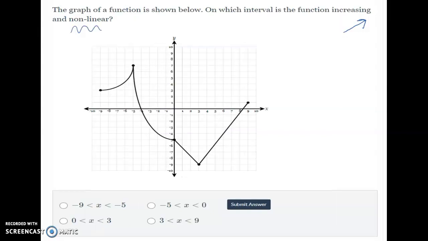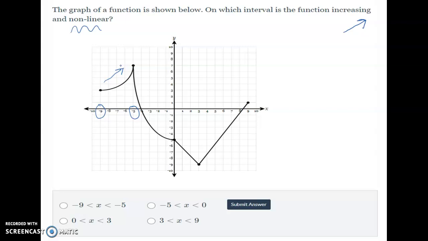So we scan our graph to find where it is increasing and nonlinear. So where it's going up and curved. And from there, we can circle the numbers that are on our graph. So from here to here is where I see the graph increasing and nonlinear because it's going up and it's curved.